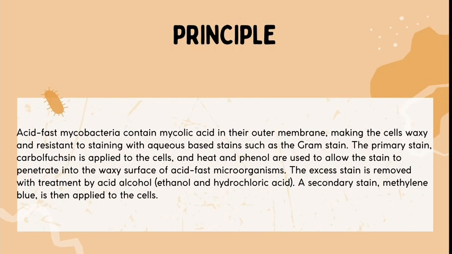Now let's proceed to the principle of acid-fast bacilli staining. Acid-fast bacteria, also known as acid-fast bacilli or simply AFB, are a group of bacteria sharing the characteristic of acid fastness. Acid fastness is a physical property that gives a bacterium the ability to resist decolorization by acids during staining procedures.